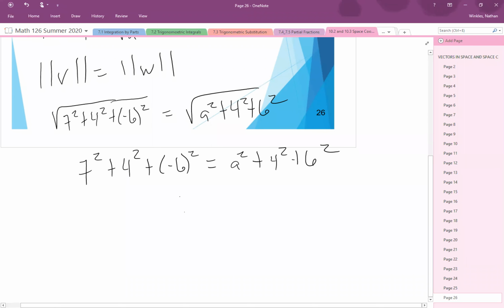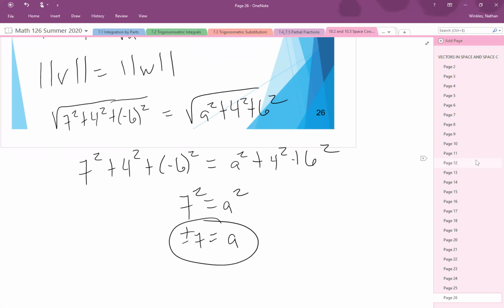So in this case, 7 squared equals a squared. A is equal to plus or minus 7. Because when you're squaring them, you can get the plus or minus in those senses. So make sure that we are remembering that whenever we do stuff.